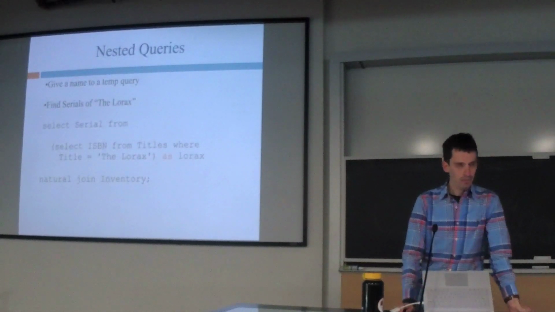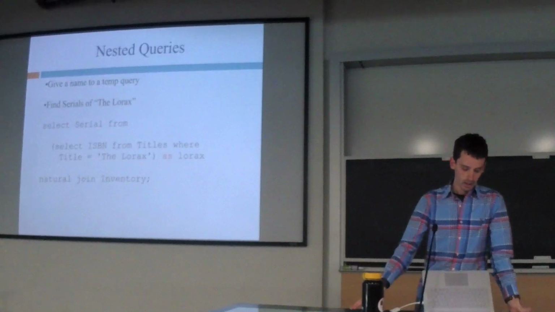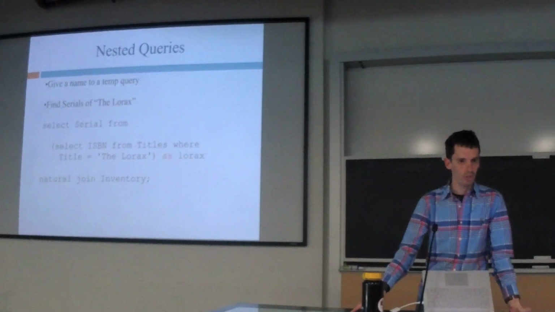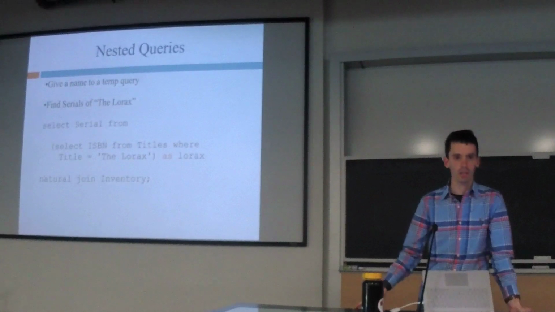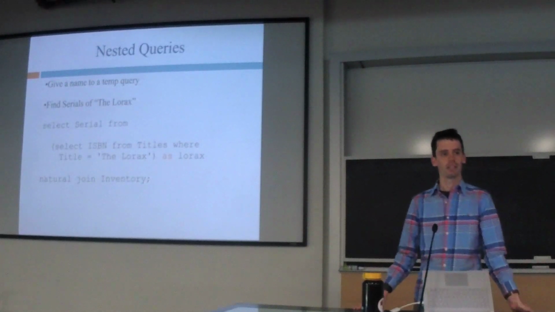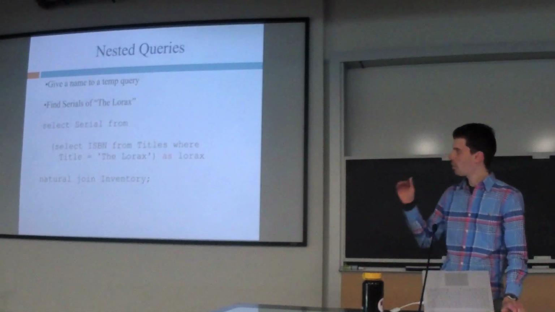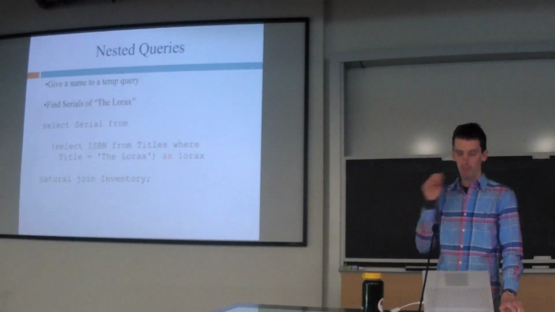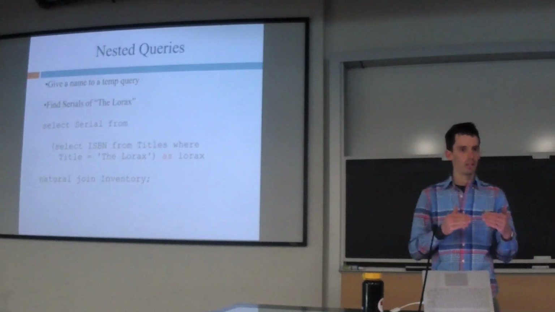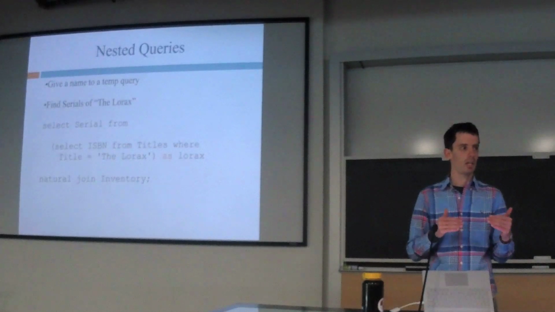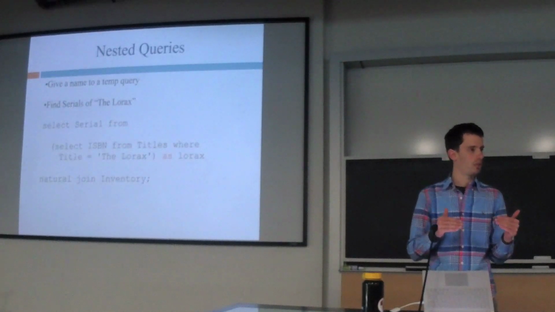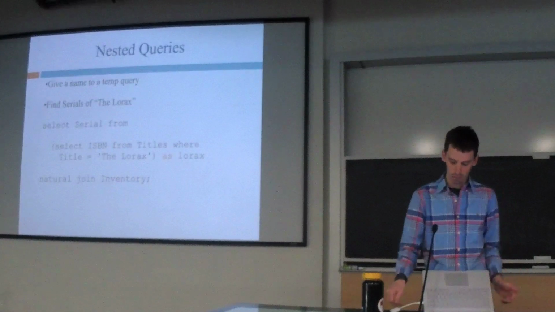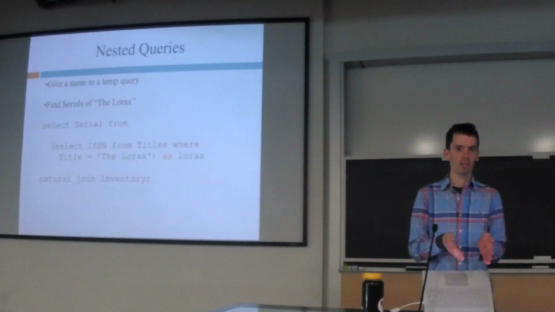So select serial from the ISBNs for the Lorax, natural join with inventory. Let's just break it down. Forget the top line, the select serial from. Let's just look at the next two. So we have this temporary relation, give me just the ISBNs for the Lorax. Okay, that's going to be a relation with one column of ISBNs.